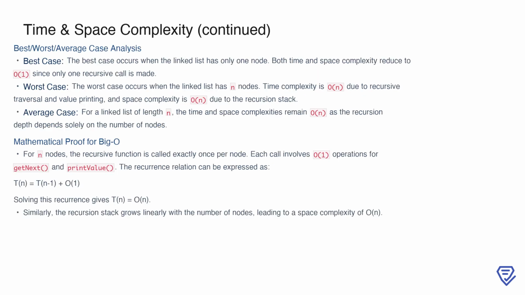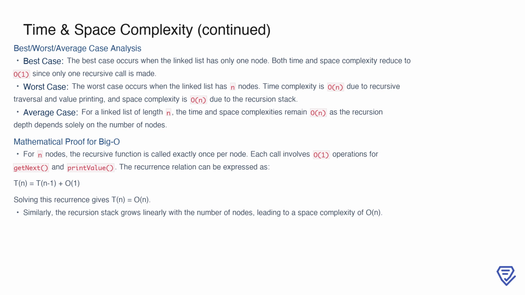Finally, let's analyze the best, worst, and average cases for this solution. In the best case scenario, the linked list contains only one node. Here, both time and space complexity are reduced to O(1), as only one recursive call is made, and no significant recursion depth develops. On the other hand, the worst case scenario occurs when the linked list has n nodes.